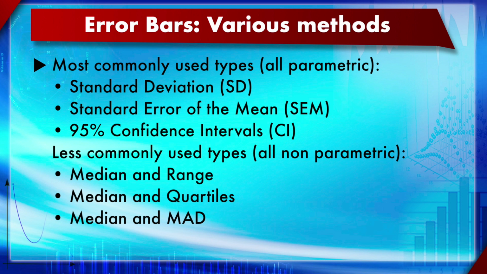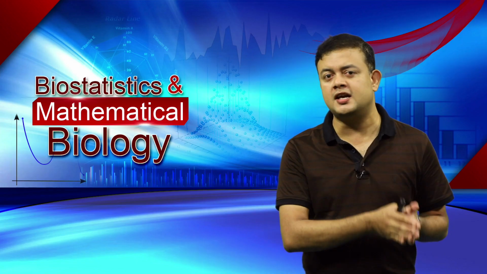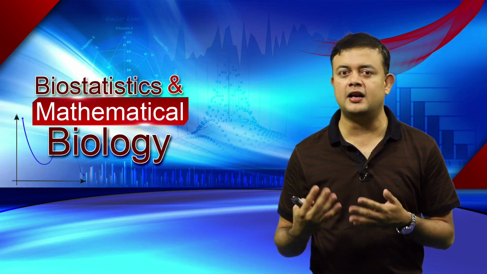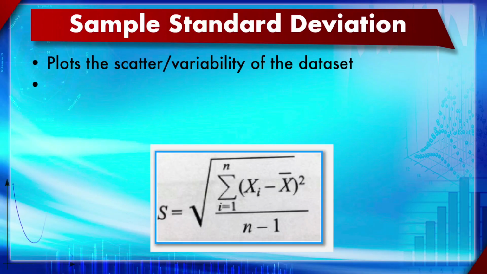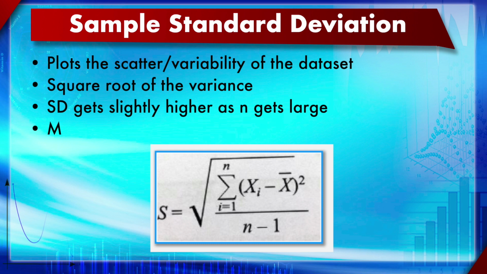Less commonly used types, which are all non-parametric methods, are the median and the range, the median and the quartiles, and the median absolute deviation, which we already discussed how to calculate. Most of these statistics we have already discussed, so this is something like a recap. First is the sample standard deviation, which is the square root of the sample variance.